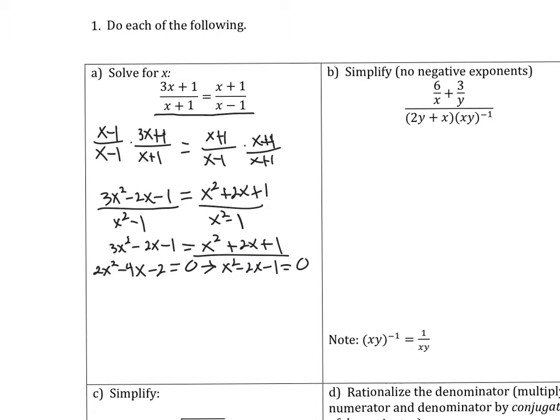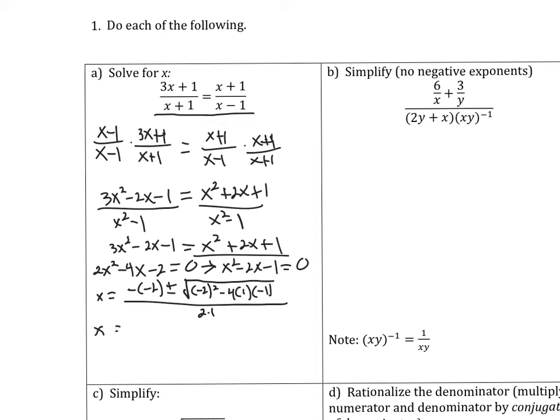Well, this is not factorable, so we're going to use the quadratic formula, which is going to give us that x is equal to negative b, so negative of negative 2, plus or minus the square root of negative 2 squared minus 4 times a, which is 1, times c, which is negative 1, all over 2 times a, which is again 1.